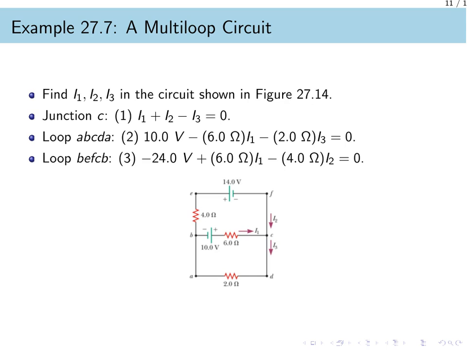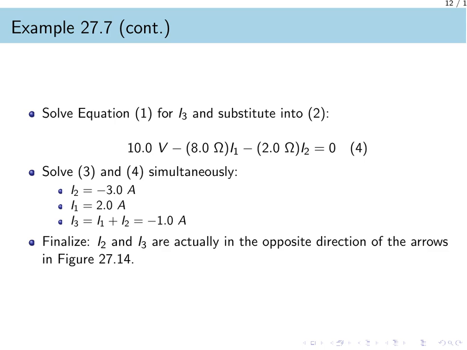For loop ABCDA, the equation involves the 10-volt battery, the 6-ohm resistor, and the 2-ohm resistor. For loop BEFCB, we move through the 14-volt battery and the 4-ohm and 6-ohm resistors. This gives us a system of 3 independent equations that relate the currents to the known voltages and resistances in the branches.